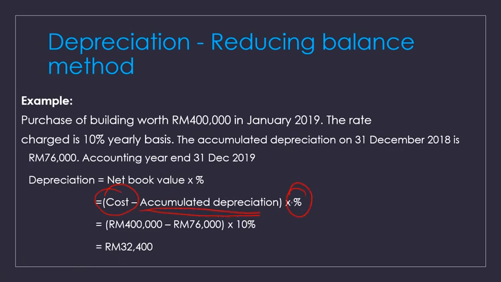Barulah you boleh darab dengan percentage of depreciation. So 400,000 you tolak dulu dengan accumulated depreciation, iaitu 76,000 ni, barulah you boleh darab dengan depreciation rate dia. So you akan dapat 32,400, depreciation untuk tahun 2019 that has at 31st December 2019. Okay, ini depreciation saja.